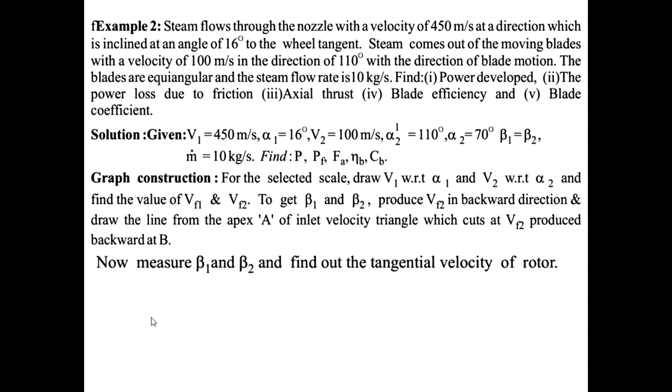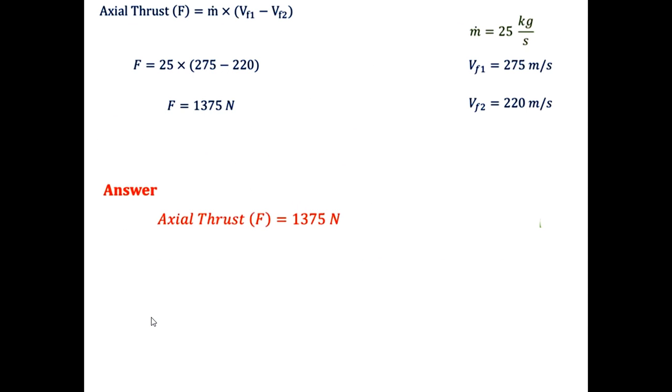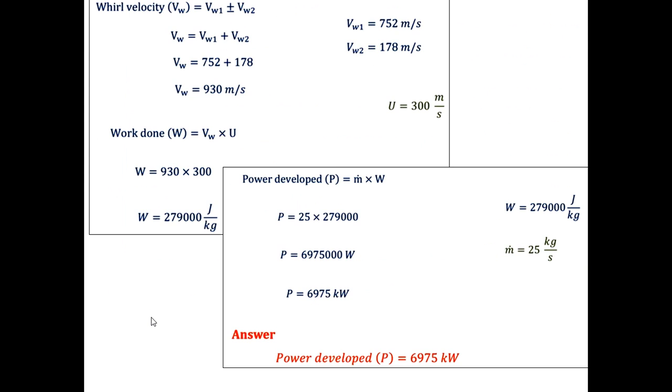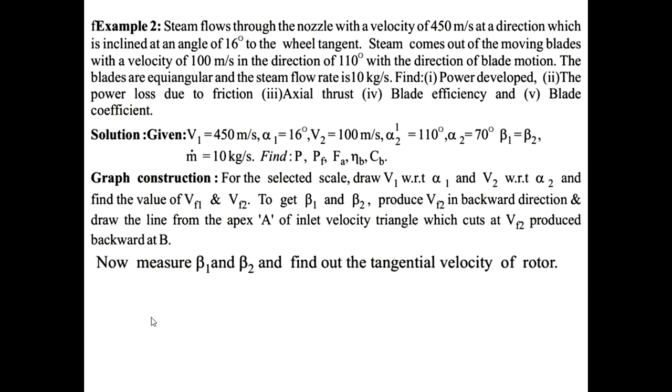At a direction inclined at an angle of 16 degrees, the steam flow is inclined, which is the nozzle angle alpha 1 at the inlet side, to the wheel tangent. With respect to u, alpha 1 is 16 degrees, given in the problem.